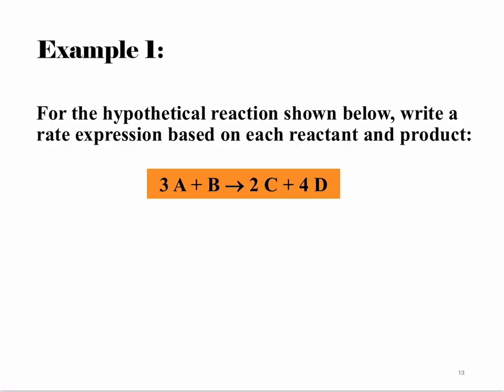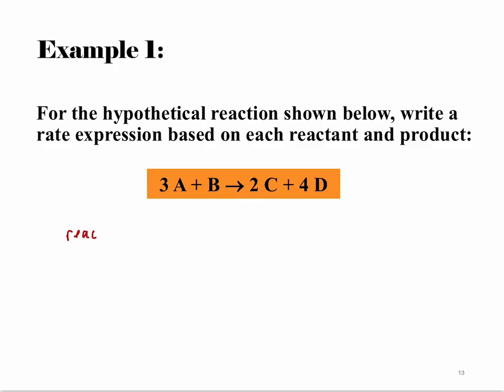Okay, so why don't you guys take a second and see if you can express the reaction rate based off of each of the species in this arbitrary chemical equation? I say arbitrary just because A, B, C, and D aren't real molecules, they just represent any arbitrary molecule that could be there. So we're looking at the reaction rate.